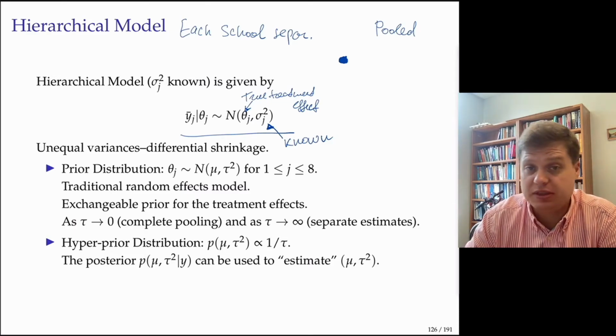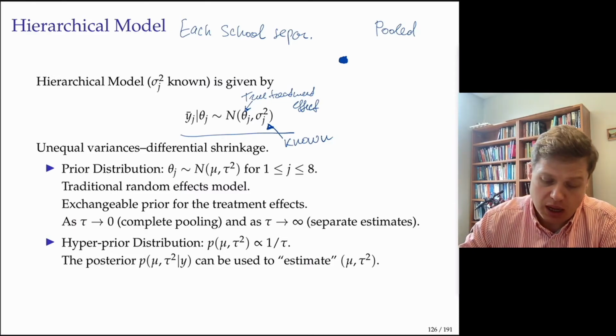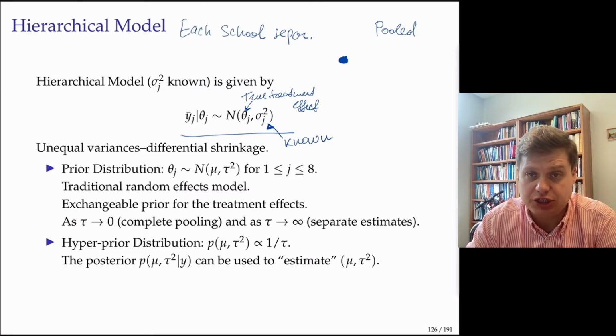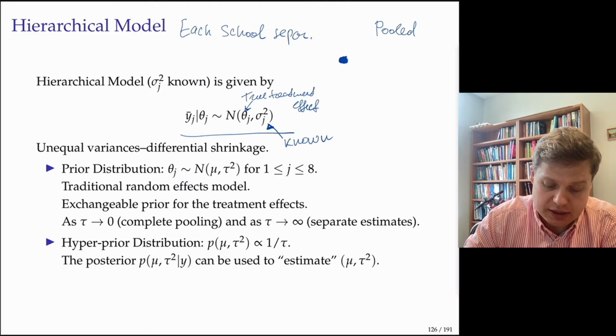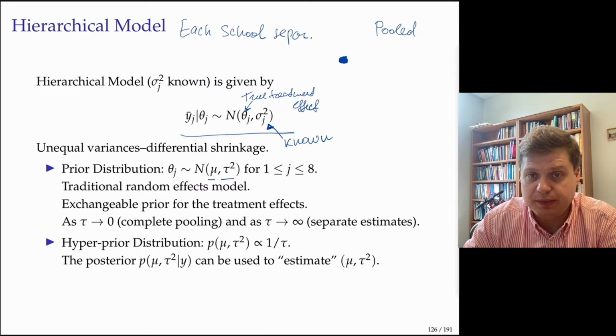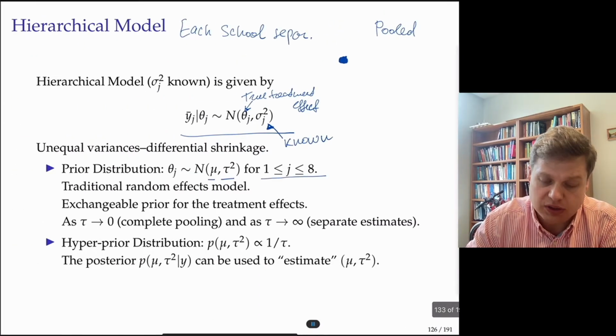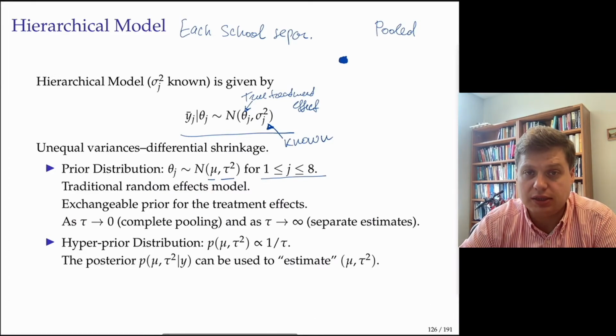And now we have to specify a prior distribution for the unknown parameter theta j, and we are going to assume that theta j is normal. It has the hyperparameters mu and tau squared, and for each of those schools it has the same values of mu and tau squared.